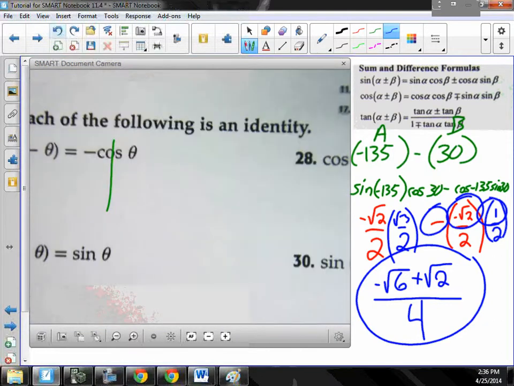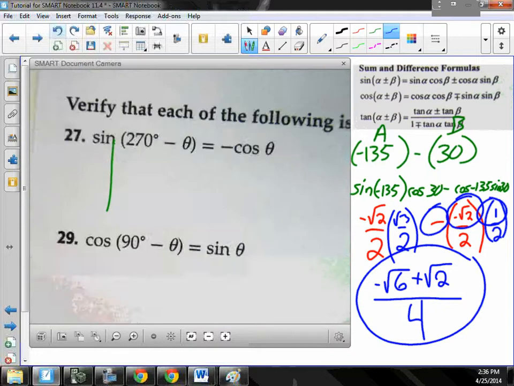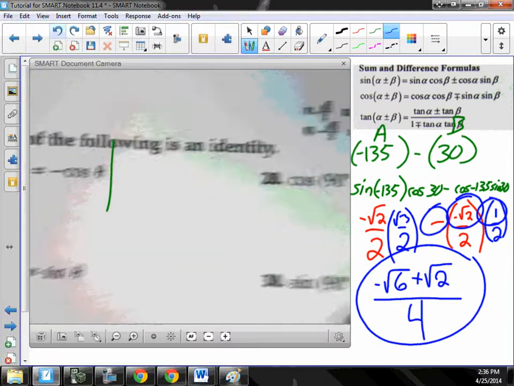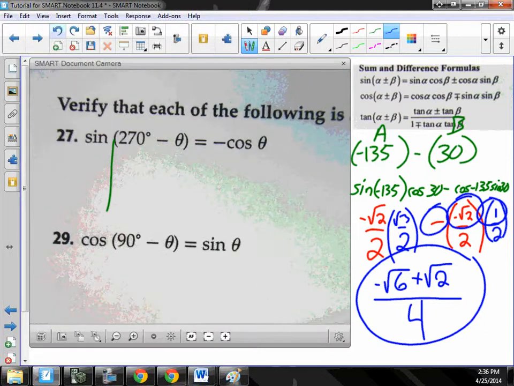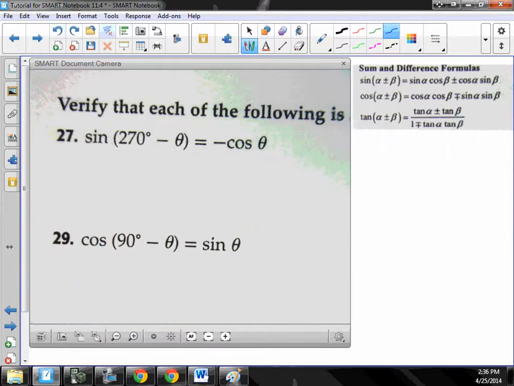So number 27 says, verify that each of the following is an identity. In mathematics, one definition of an identity is two expressions that have the same value. So this is saying that if you take the sine of 270 minus any angle, that is always equivalent to the negative cosine of that angle.